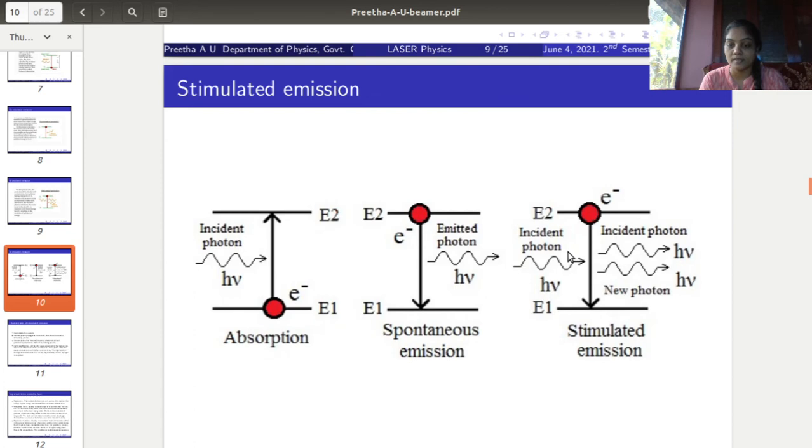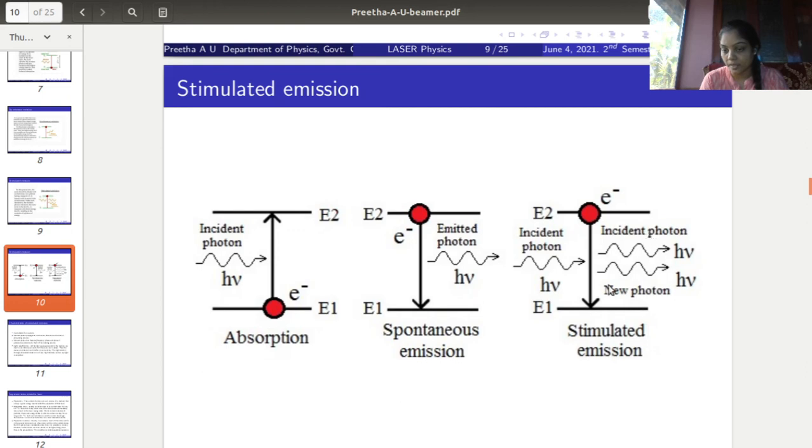Whenever electrons are excited to the excited energy level, they come to a metastable state. The metastable state has more lifetime compared to the excited energy level, so the electrons can stay there for a long time compared to the excited state.